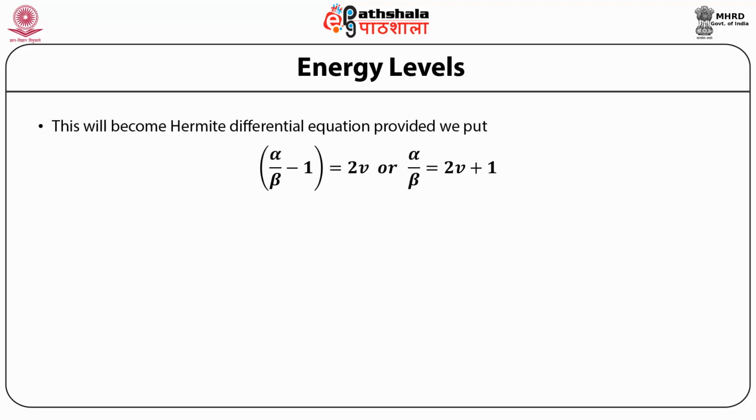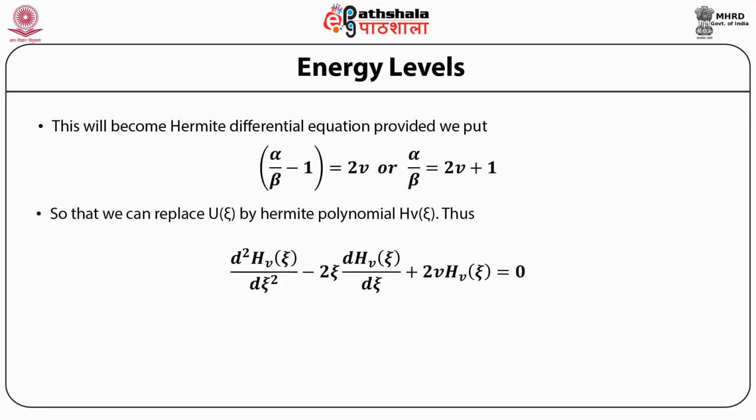This becomes the Hermite differential equation provided we put α/β − 1 = 2ν, or α/β = 2ν + 1, so that we can replace u(ξ) by the Hermite polynomial H_ν(ξ). Thus, d²H_ν(ξ)/dξ² − 2ξ dH_ν(ξ)/dξ + 2νH_ν(ξ) = 0.